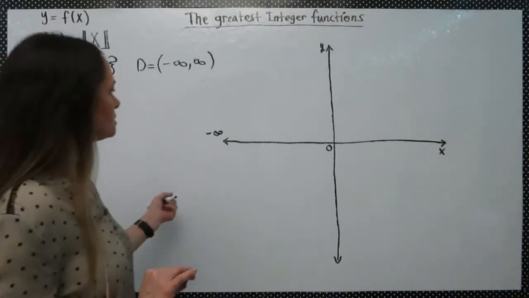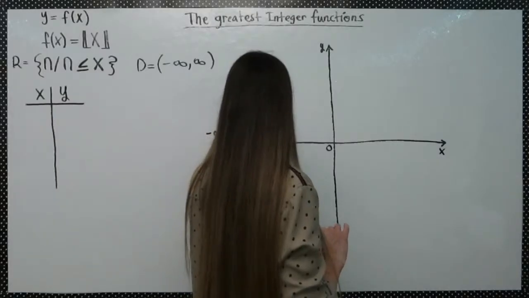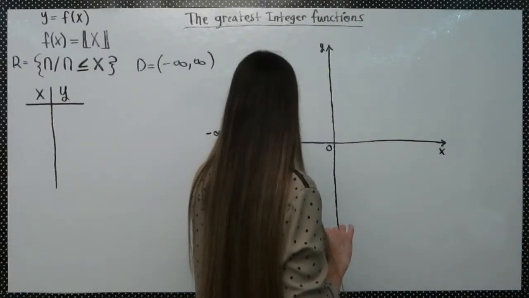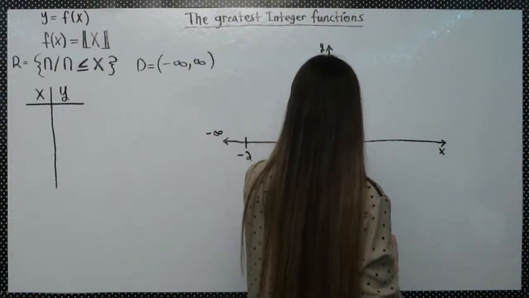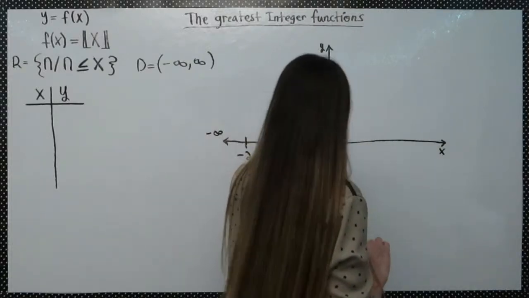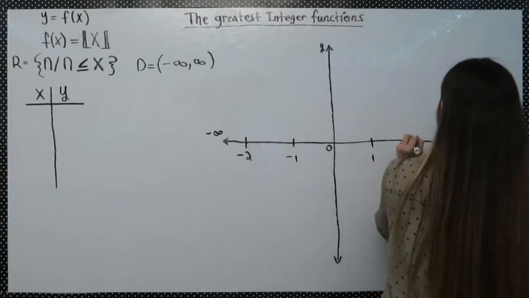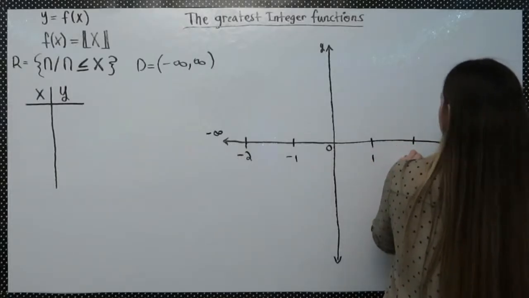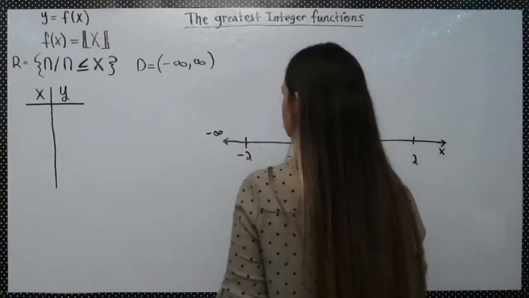So maybe we'll go from negative 2 to positive 2 and see if we can't get a small chunk of this step function behavior pretty quickly and see what's going on.